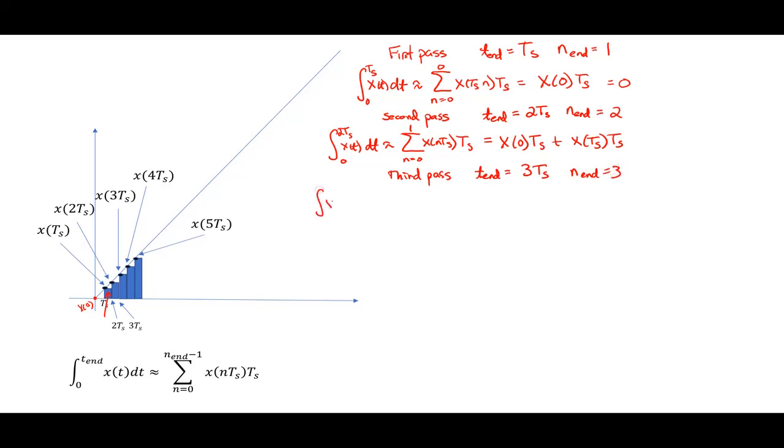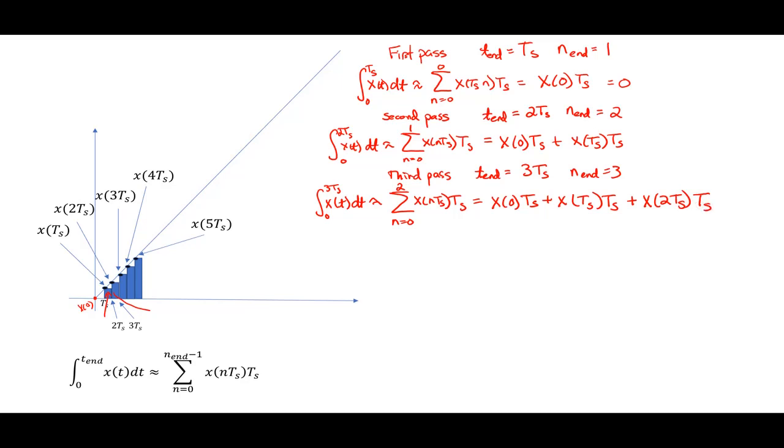So I take my integral from 0 to 3t sub s of x of t dt, now adding in the area of this third rectangle, and my sum goes from n equals 0 to 2 of x of n t sub s times t sub s. So that's x of 0 times t sub s, the first rectangle, plus the second rectangle, plus the third rectangle, which would be x of 2t sub s times t sub s.